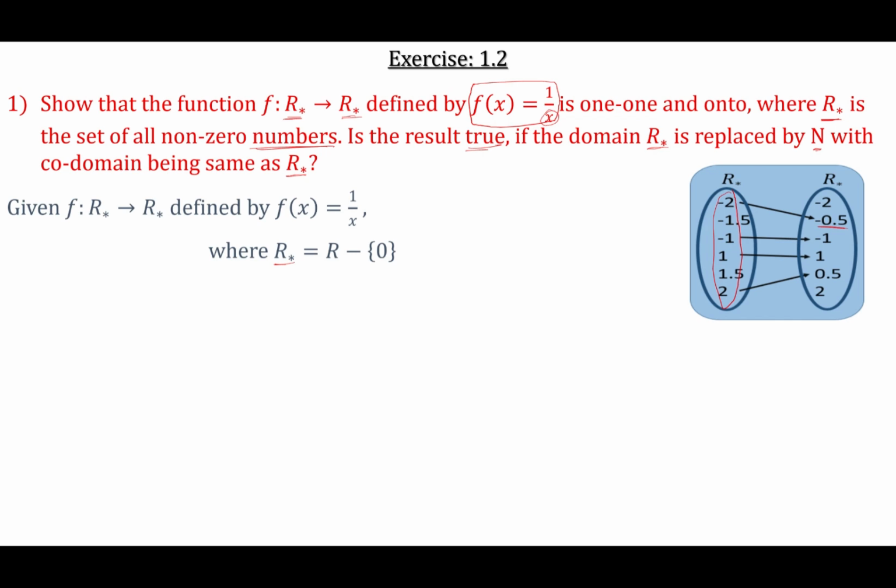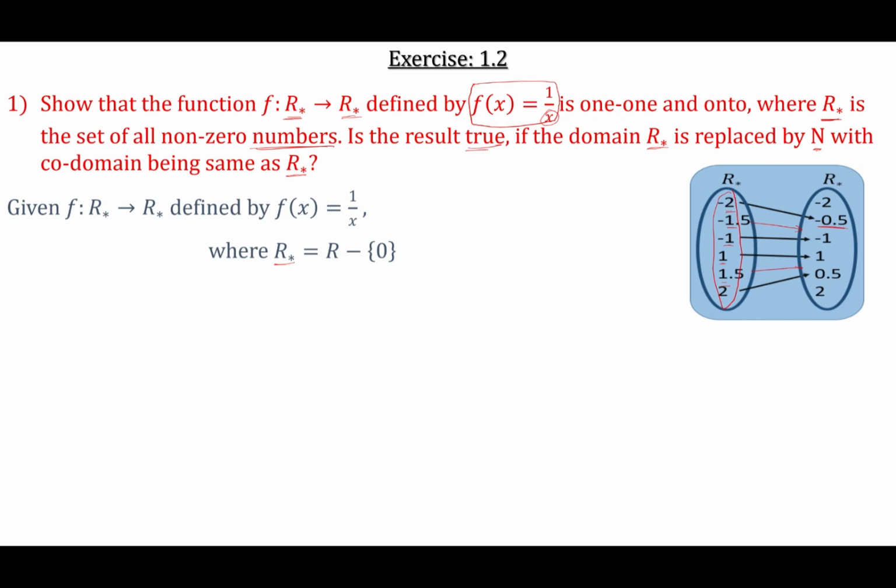So check, every element has an image. I didn't draw it, but there must be some image here. If I draw a rough picture like this, then you get the idea whether it is a 1-1 and onto function.